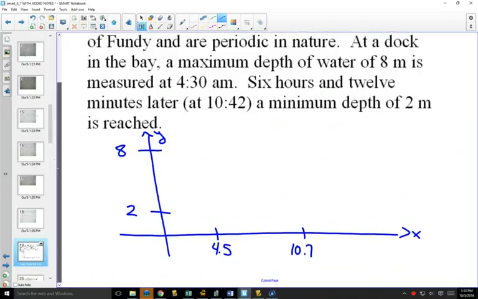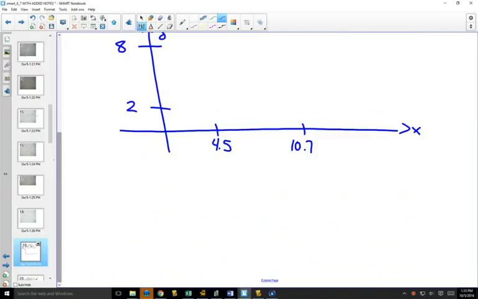So if we're looking at from here to here, we're actually going up 6.2. So we have a maximum here, a minimum here. Is that going to be one full period? No, we'd have to go another 6.2 more, which will take us to 16.9 when we'd hit a maximum again.